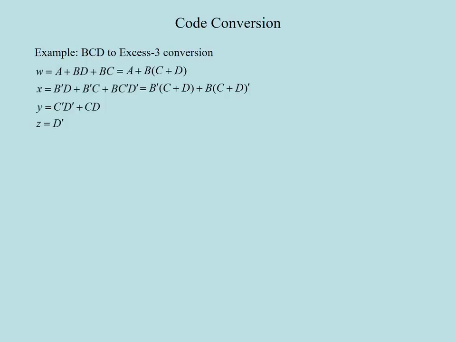Then X can be written as B XOR C or D. Y, on the other hand, is expressed as an equivalence operation, that is C XNOR D.